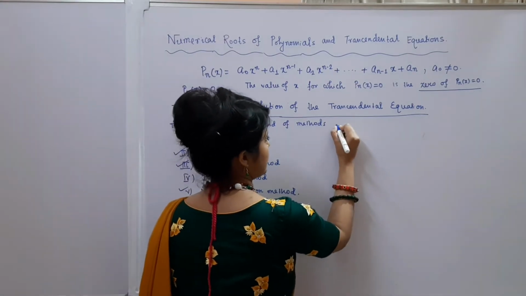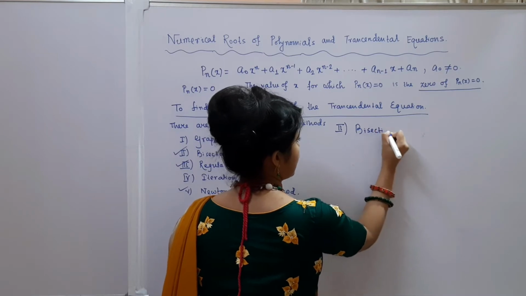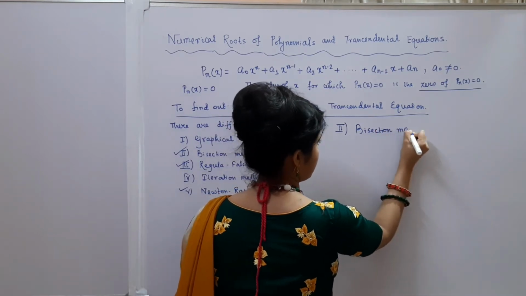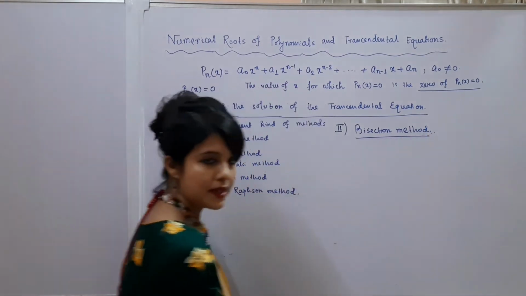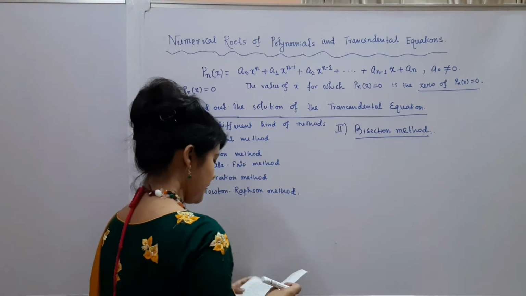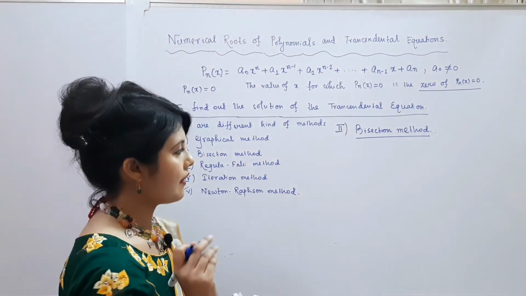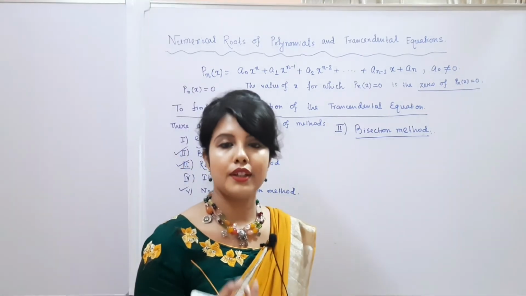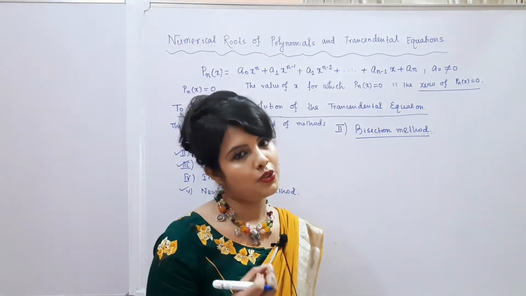So the next method is the bisection method. What is a bisection method? First I am going to describe the theory of this method, and then I will consider an example, and it will be much easier to understand.